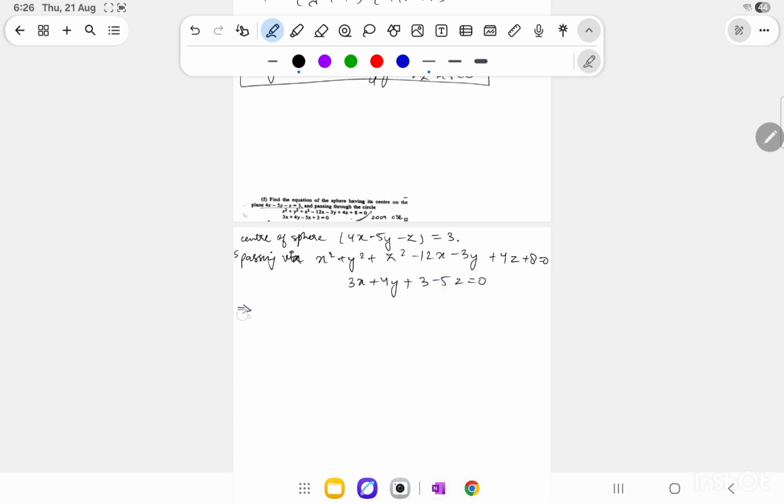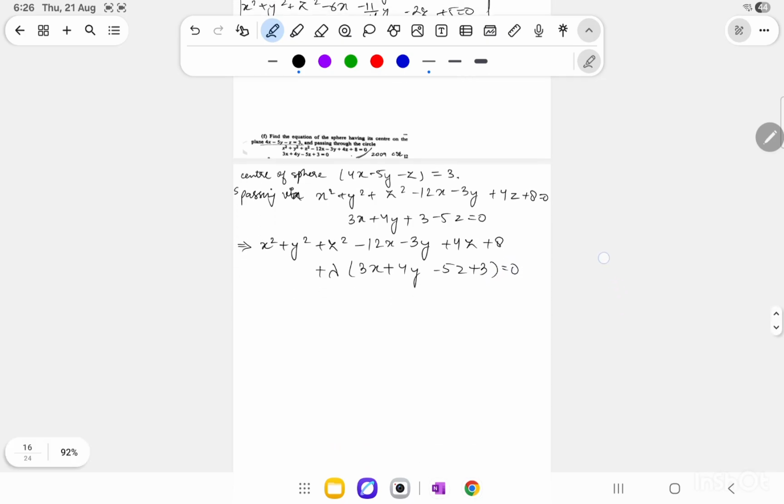So the equation of any arbitrary sphere passing via this circle would be x square plus y square plus z square minus 12x minus 3y plus 4z plus 8 plus lambda times 3x plus 4y minus 5z plus 3 equals 0.